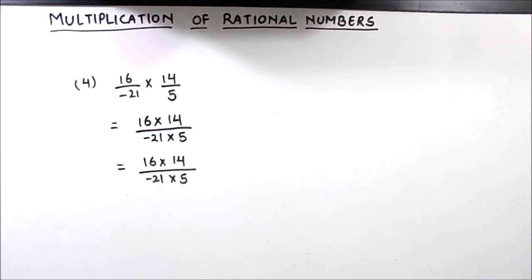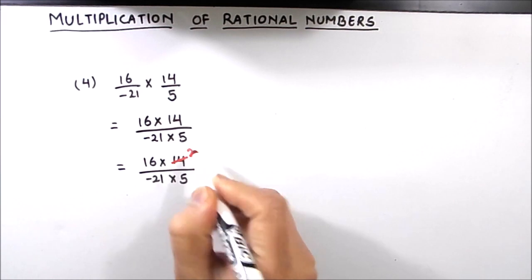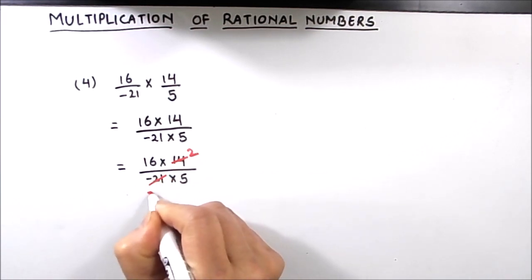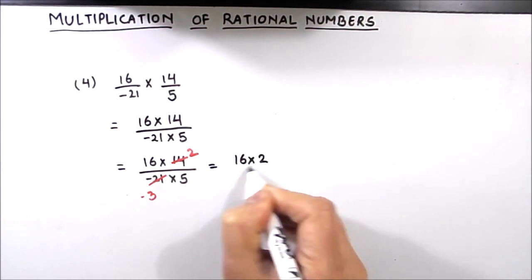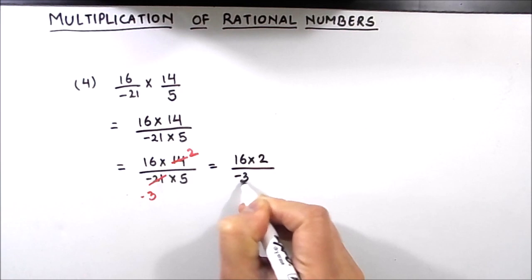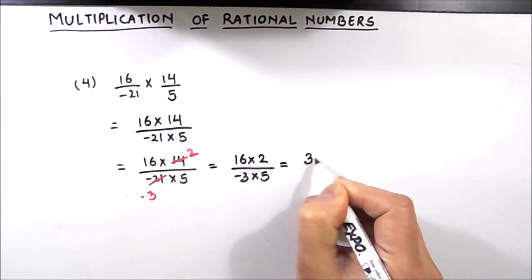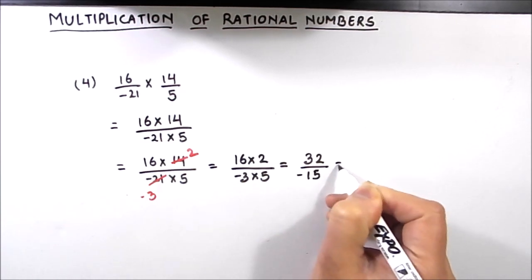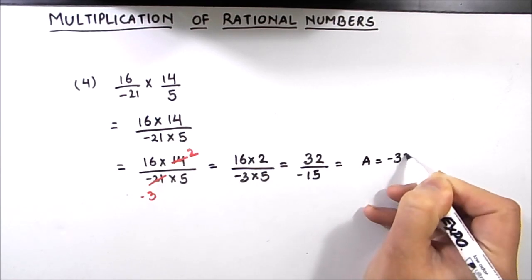Now we see that we have a common factor of 7 in between 14 and 21. 7 times 2 is 14 and 7 times 3 is 21. We are left with 16 times 2 in the numerator and negative 3 times 5 in the denominator. So 16 times 2 is 32 and negative 3 times 5 is negative 15. So our answer will be negative 32 by 15.